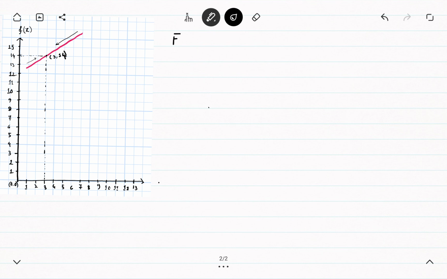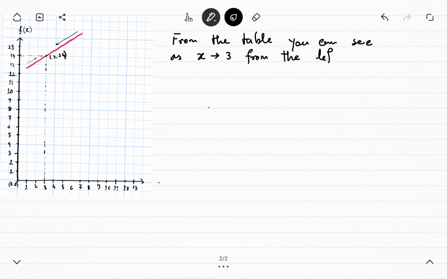So from the table you can see that as x, we'll use a right arrow to denote that x approaches towards a value, so x approaches 3 from the left or from the right.